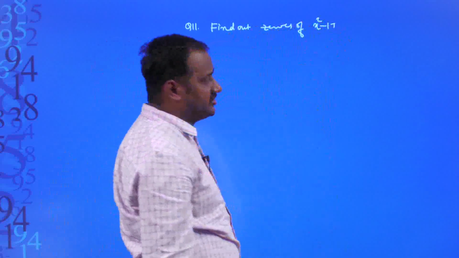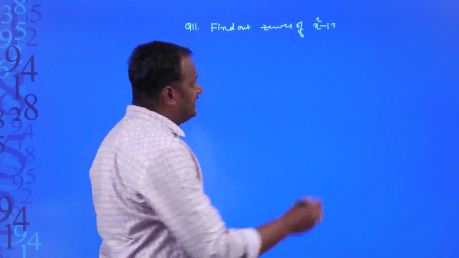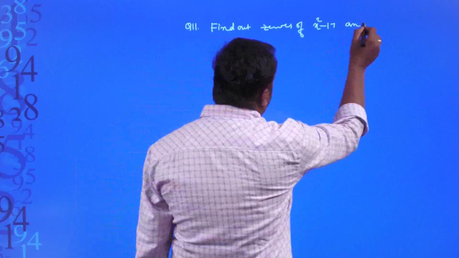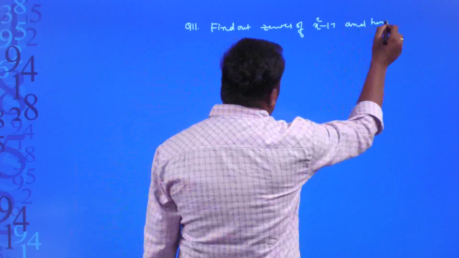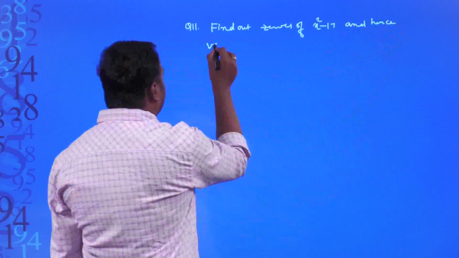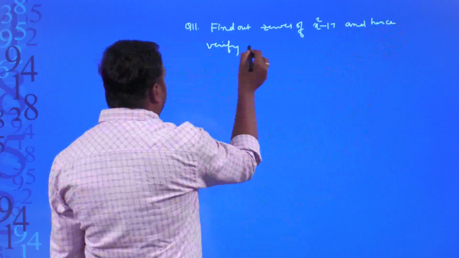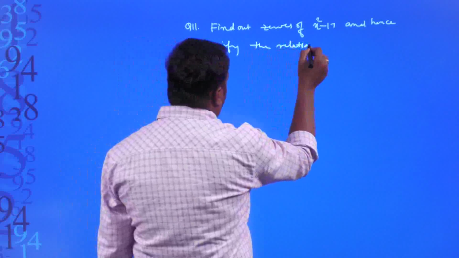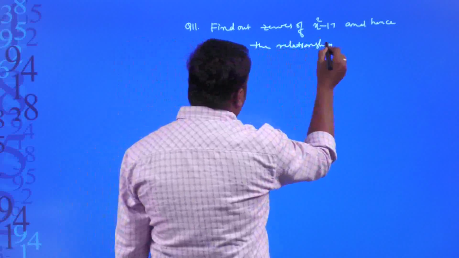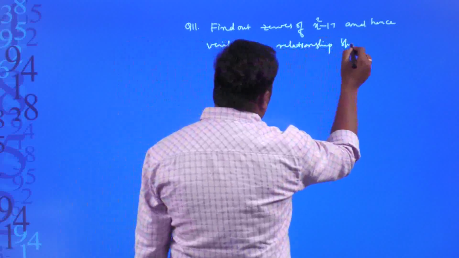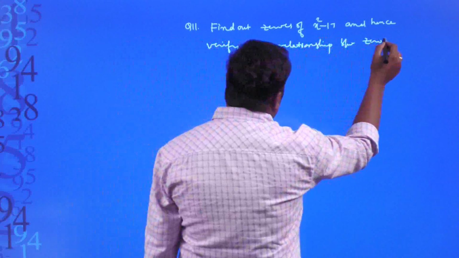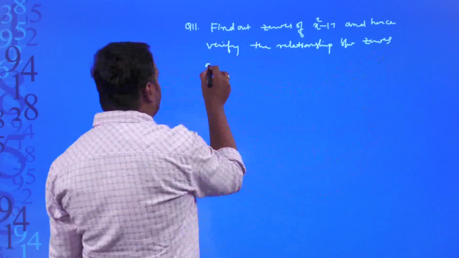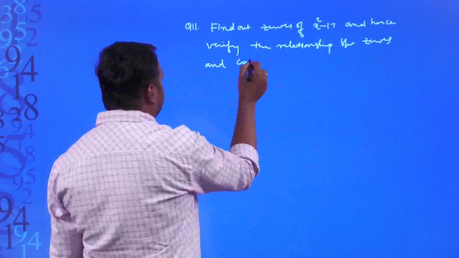You will have to find out zeros of this polynomial x square minus 17, and hence verify the relationship between zeros and coefficients.